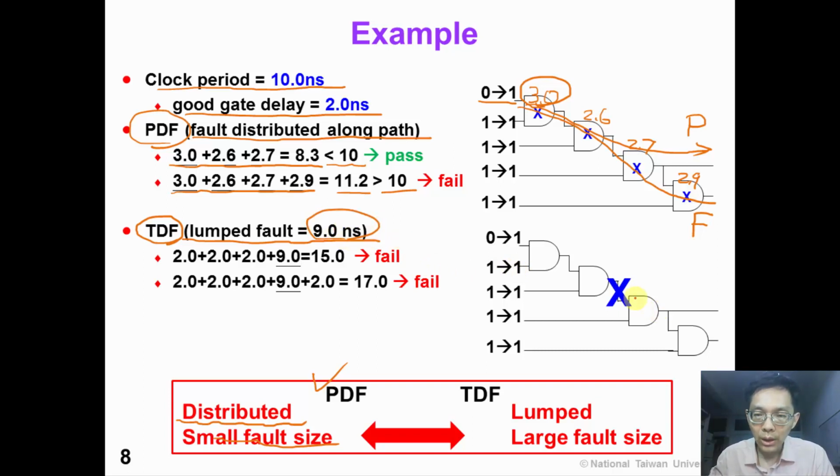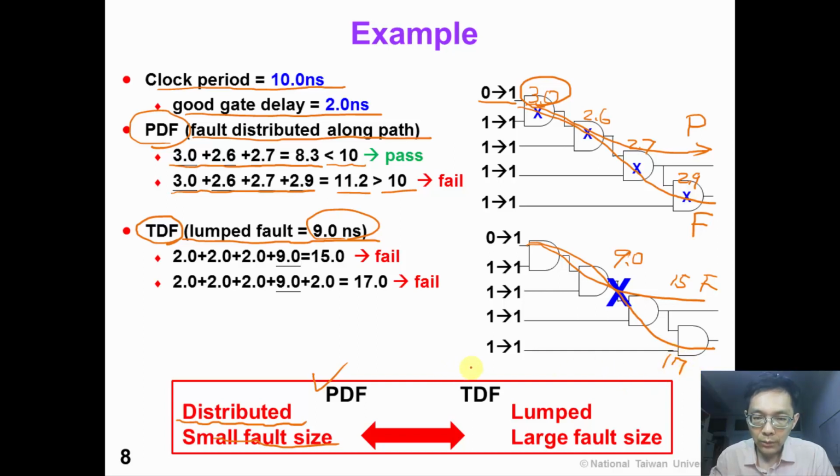For example, this node is slower than expected, and the fault size is 9.0 nanoseconds. If we test the circuit along the short path, the delay is 15 nanoseconds, so it failed the test. If we test along the long path, it still failed the test.